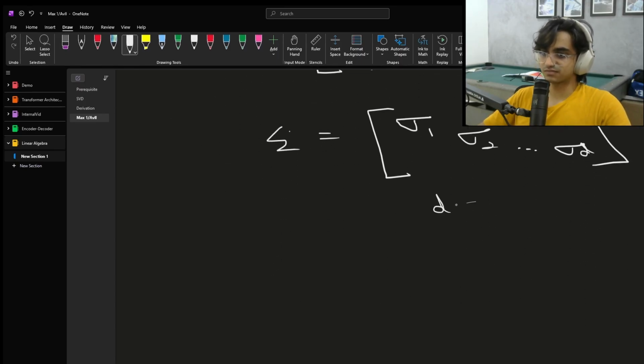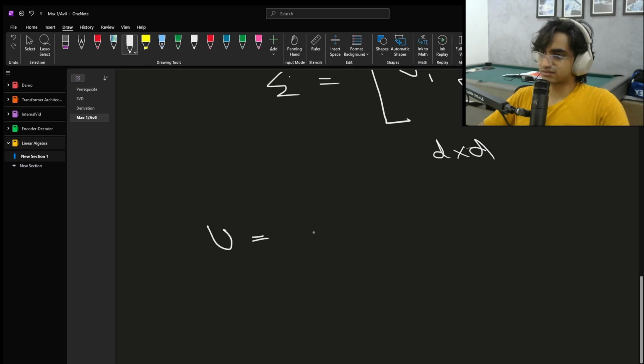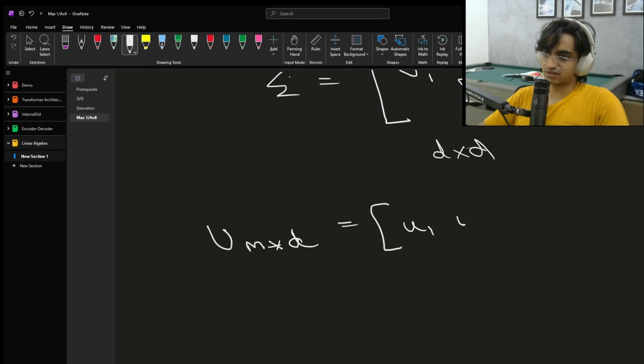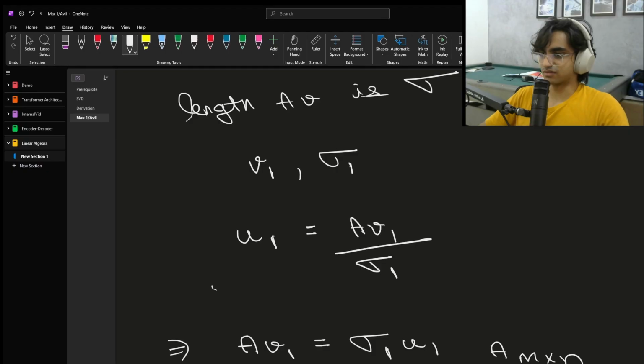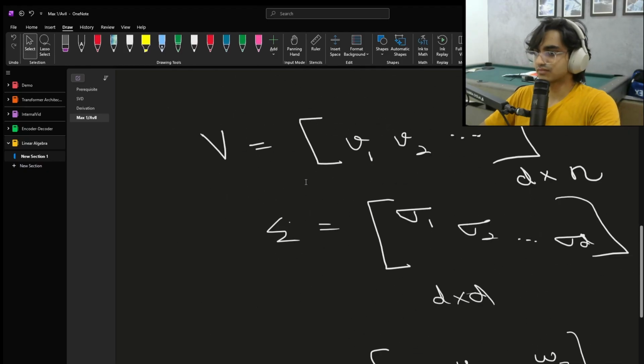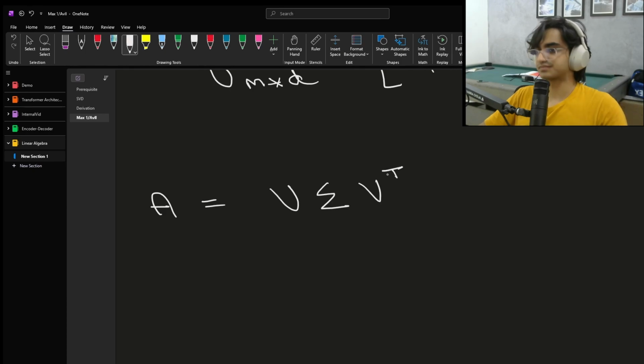So this is D cross D. And our U matrix is going to be of dimension M cross D, and this is essentially U1, U2, U3. This is how we calculate the values of U1, U2, and U3. So using this, we essentially break it down to A is equal to U sigma V transpose.